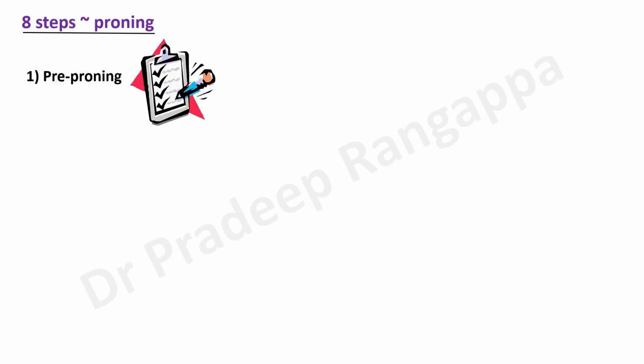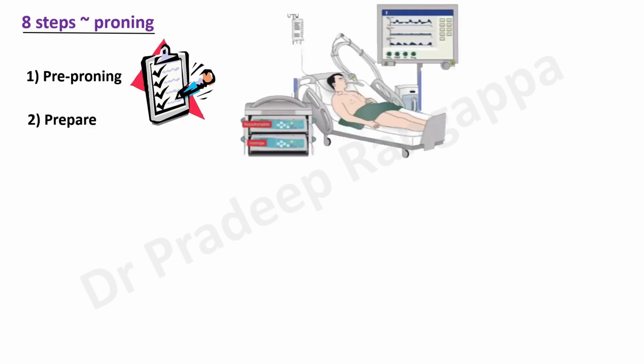The first step is pre-proning. One needs to have a checklist to determine whether all the tools that are needed for proning are in place, and all the pressure points need to be addressed. Whatever is needed, all those are in place. The second one is preparation.